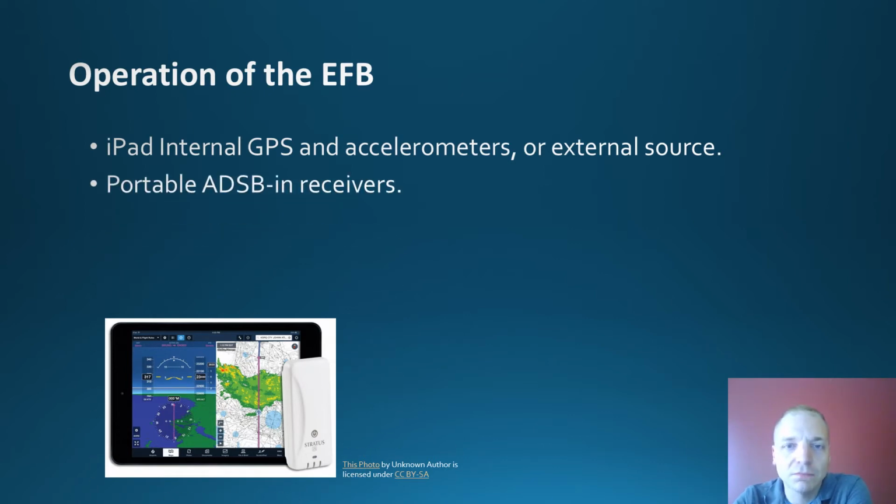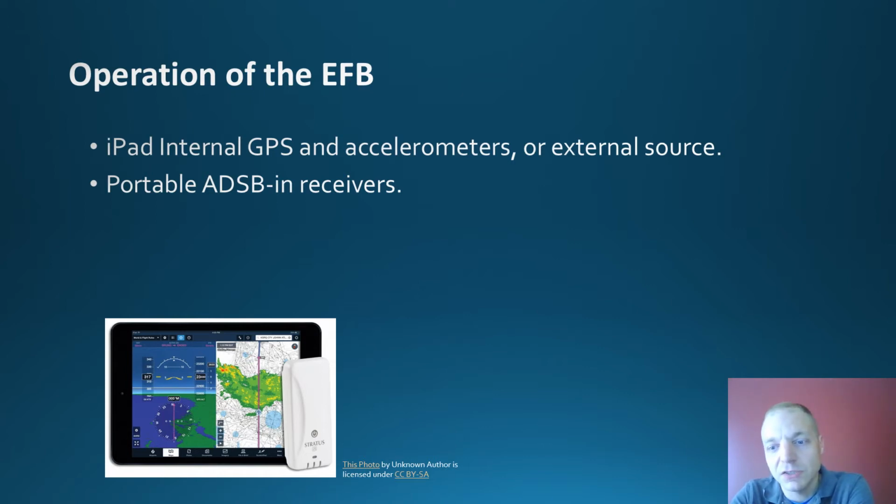Another external source is another portable device, an ADS-B In receiver. This is something I personally use so that I can have ADS-B weather and traffic advisories.